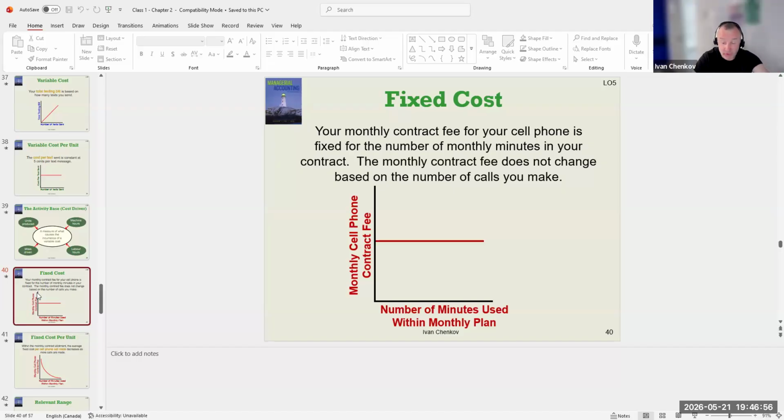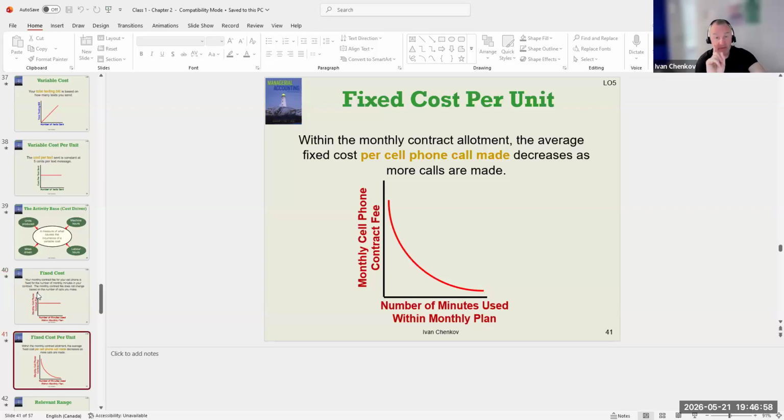Now, let's see the unit cost. When you pay the rent, let's say you're paying for a one bedroom, you're paying $2,000, and only one person lives in that one bedroom apartment, how much is the cost per unit or per person in this case?